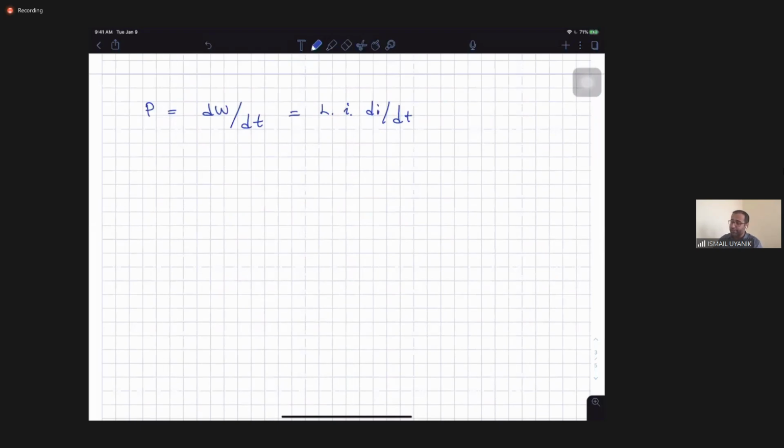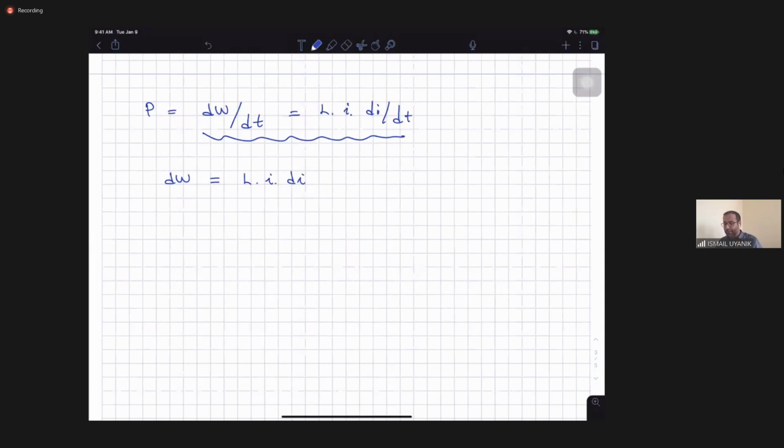If you focus on this part, both are divided by dt. I can simply cancel those over dt terms. So I will have d omega equals L times I times di, right?